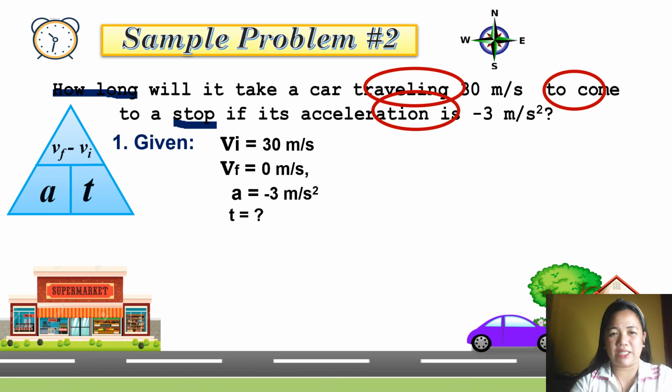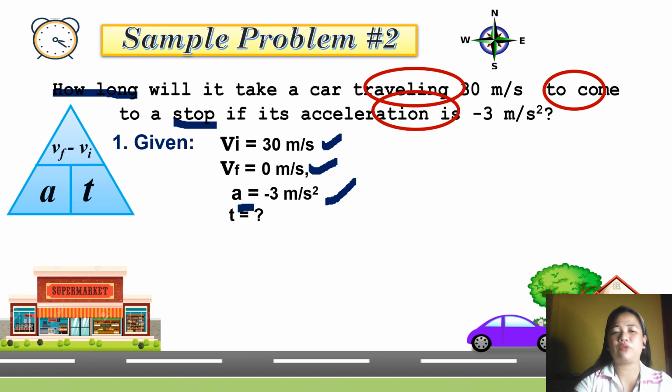So, let's identify the given. Our initial velocity is 30 meter per second, because that is where it started. Now, since the car went from 30 meter per second and stopped, our final velocity will become 0 meter per second. And our acceleration will be negative 3 meter per second square.